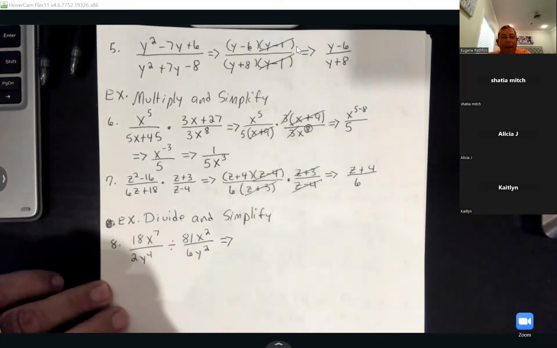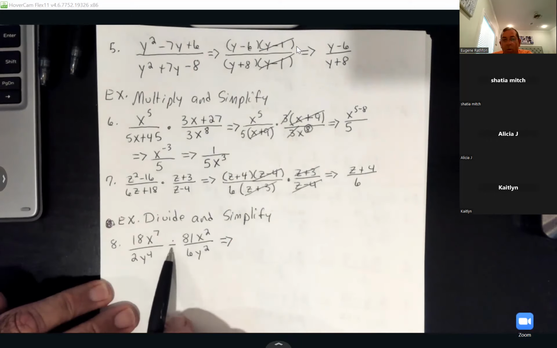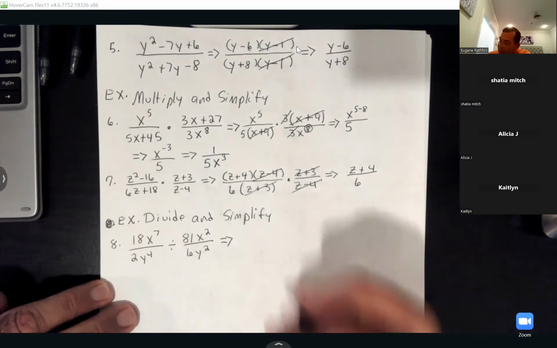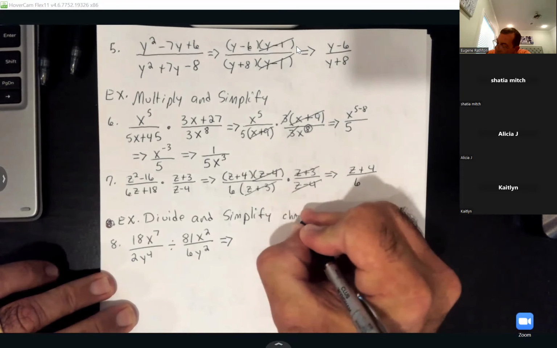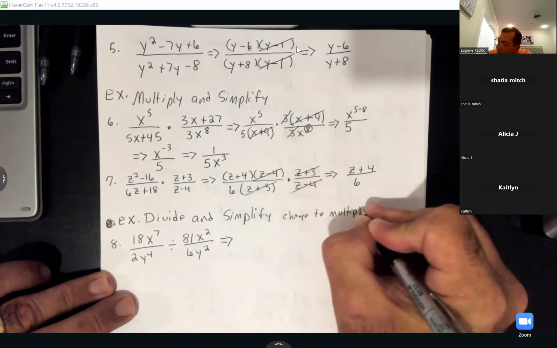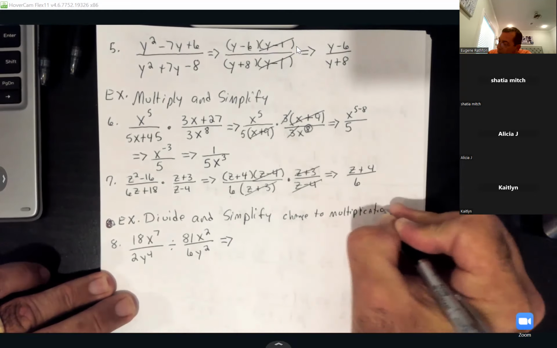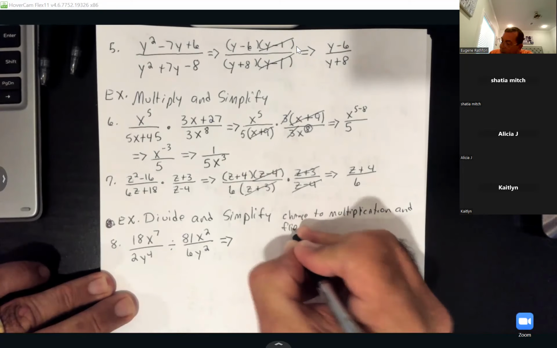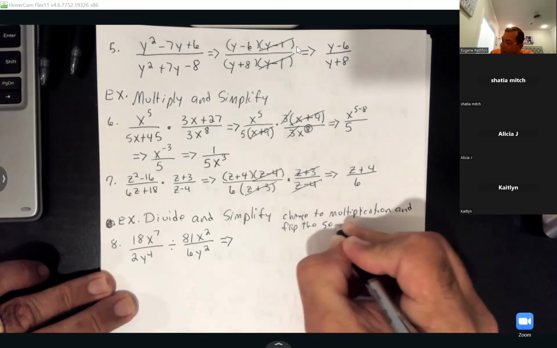So the first rule about dividing fractions is we don't like to divide fractions, so we change to multiplication and flip the second fraction. So change to multiplication and flip the second fraction.